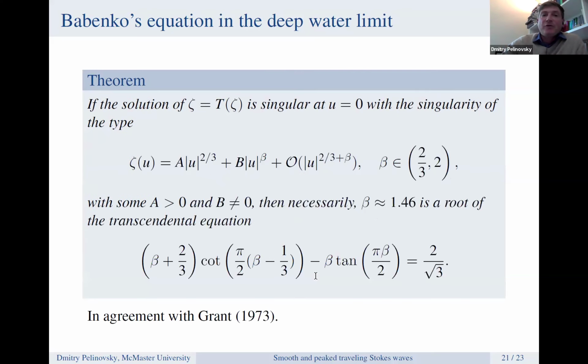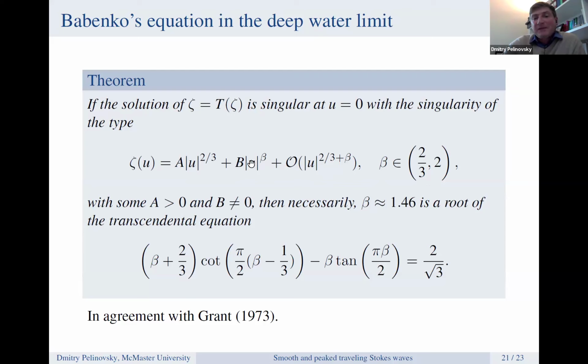But then we can go further. We can think, okay, if the wave is singular and we add a perturbation which should be smoother than this, but still in a fractional power, something between 2/3 and 2, then can we find a very precise value for beta, for which the perturbation is defined?